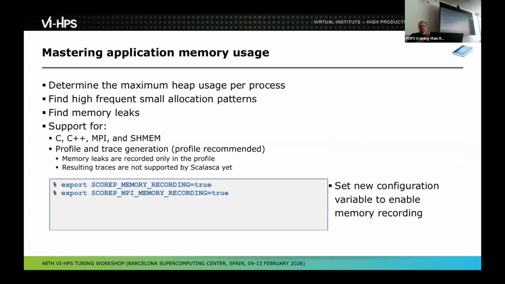Another topic is how to look at memory usage. This is also on a relatively high level, but we can set the variable SCOREP_MEMORY_RECORDING to true and SCOREP_MPI_MEMORY_RECORDING to true.